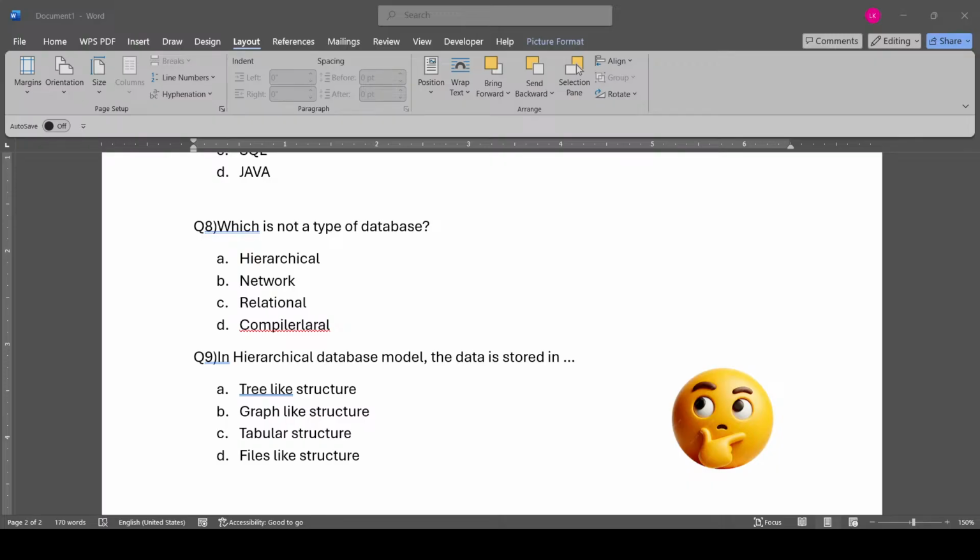Whenever we talk about the hierarchical database model, the data is stored in a particular structure. So what is the name of that structure? Is it a tree, a graph, tabular, or files? When you talk about the hierarchical model, then the data is stored in a tree-like structure, meaning a root and then different branches and multiple branches. So question 9, A.